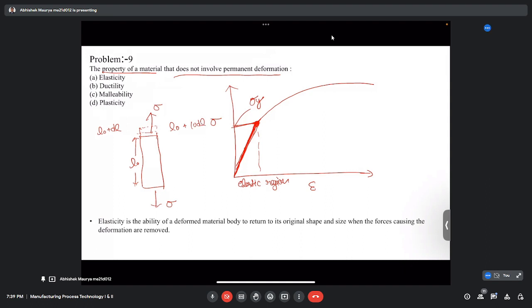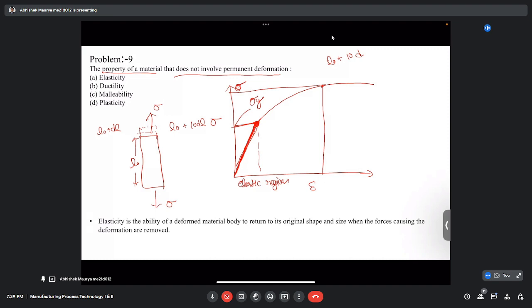So if we applied some higher load, let's say here some sigma, and after applying this load the length of the sample becomes L0 plus 10 times dl, and then if we remove the load, what will happen?